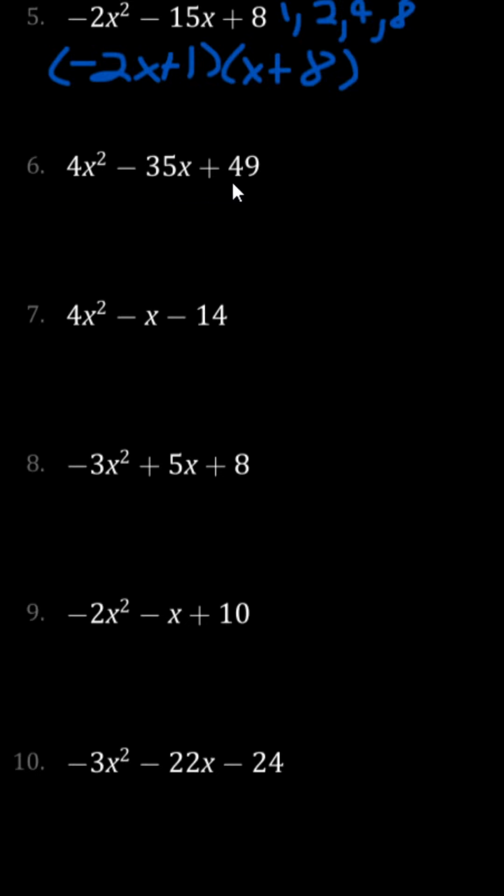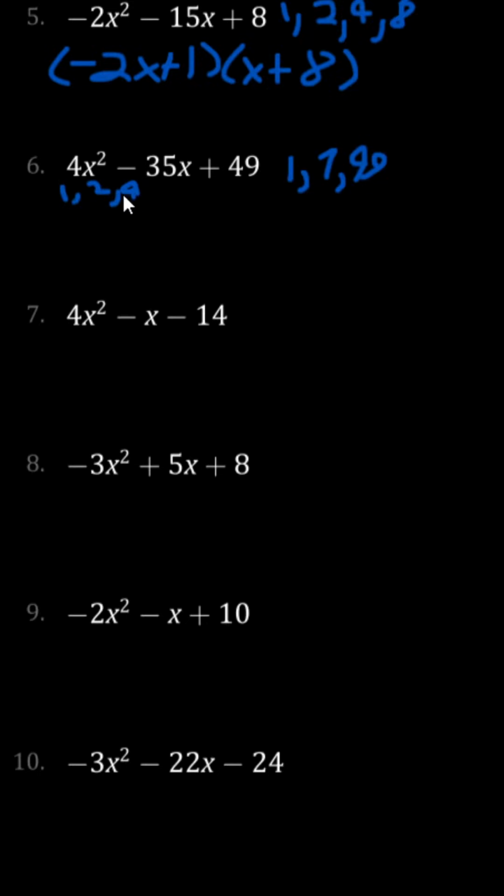4x squared minus 35x plus 49. We know 49 has 3 factors. Silly me. It's a 7 squared. 1, 7, 49. So then, what can we use here? We have a 4x, so this could be 1, 2, 4, and of course it could be negative, and it appears that we will have some negative value somewhere because it is a -35x.